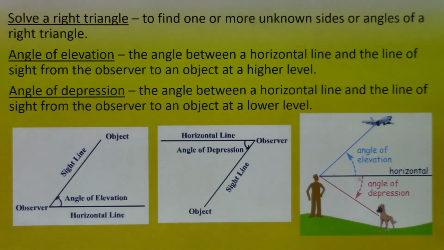If I put them all together in one picture here, here's a person looking out over the horizon. All of a sudden they decide to look up at the airplane. Angle of elevation. There's a person looking out over the horizon who all of a sudden looks down at a dog that appears to be lower, because the person is standing on a hill, on a mound, looking down at the dog.